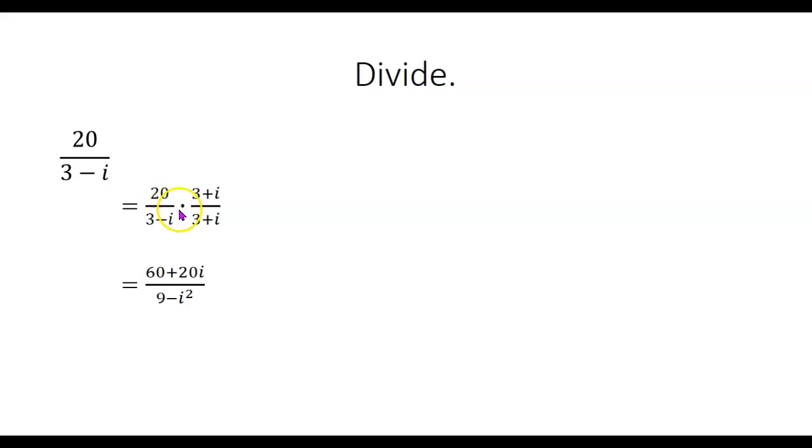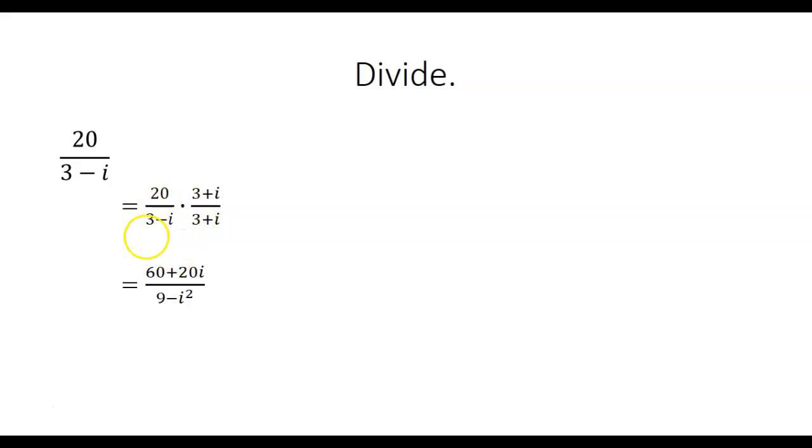On top, the 20 times the 3 plus i. Well, 20 times 3 is 60, and 20 times i is 20i. So on top we have 60 plus 20i. And on the bottom, we get 3 times 3 is 9. On the outside, we have plus 3i, and on the inside, we have minus 3i, but those add up to 0.